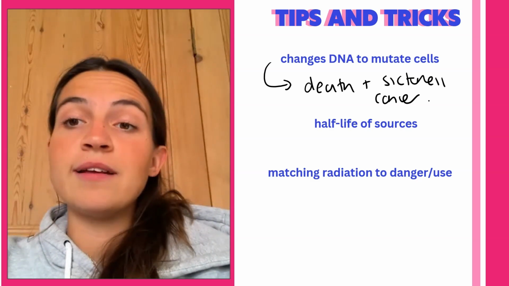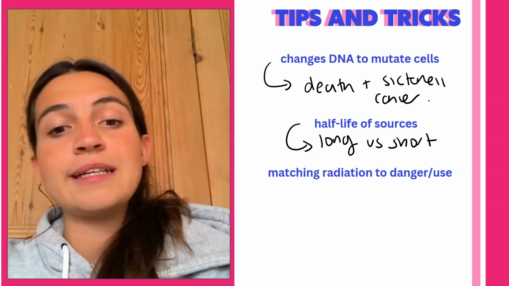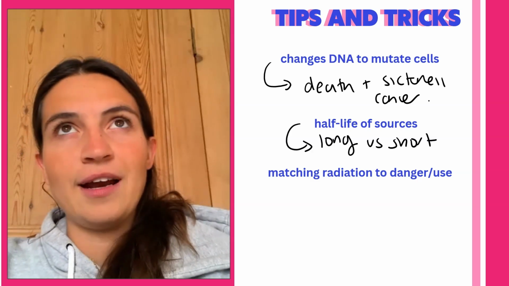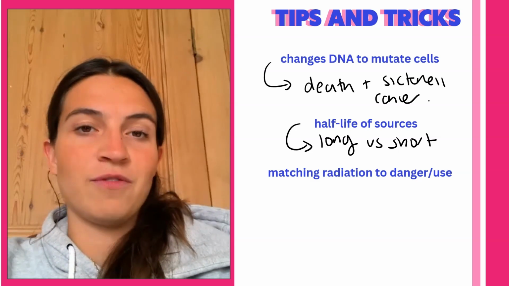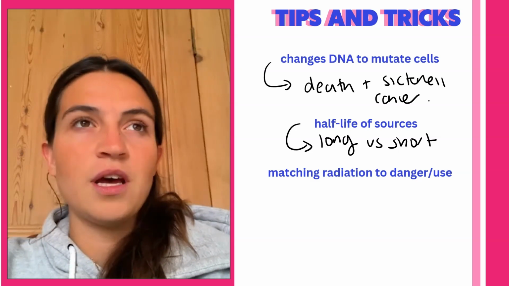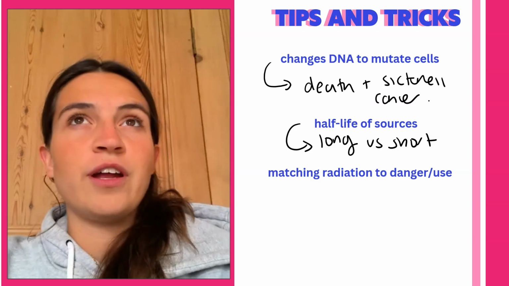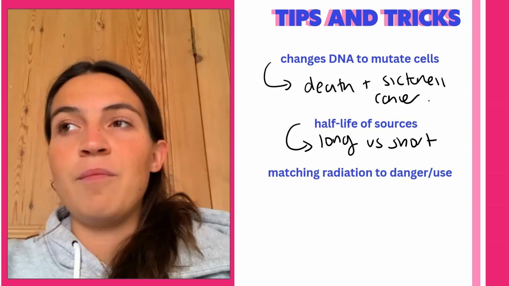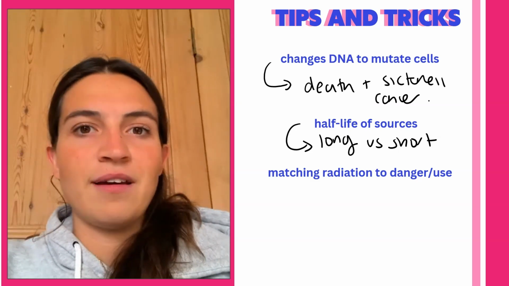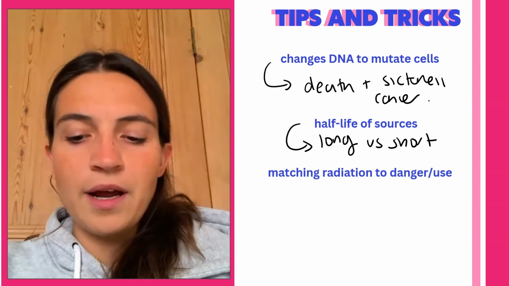Half-life of sources: basically considering whether you would like a long or a short half-life for your source when you're thinking about the uses of these different types of radiation. Something that doesn't want to be changed often, so something for monitoring thickness or your smoke alarm, or sterilizing food, would be a long half-life.